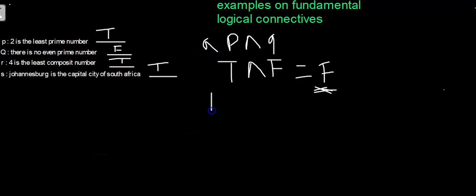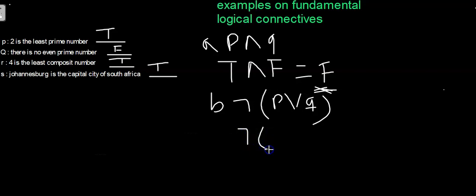Now the second example would be the negation of P or Q. This one is also one of the easiest. First of all, we just do the thing that's found in the box.